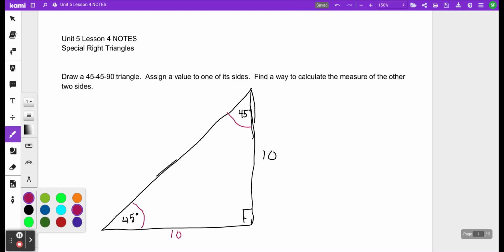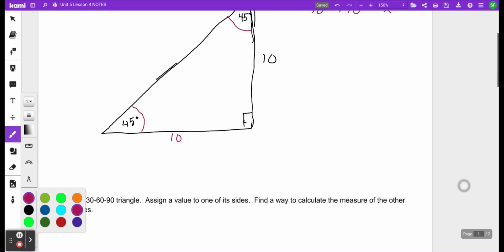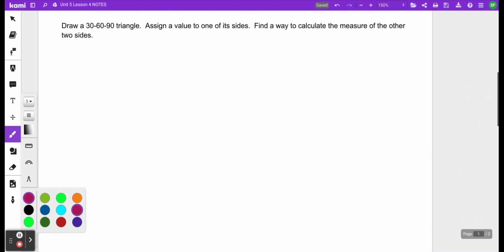And we know that if we have a right triangle and we have two of the sides, we can easily find the third side by Pythagorean theorem. And we can figure out that. Okay, so the next one, you're going to draw a 30, 60, 90, and I'm going to let you guys do that one on your own. Same concept.